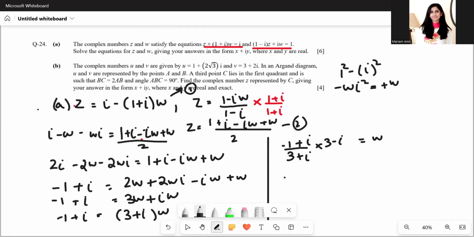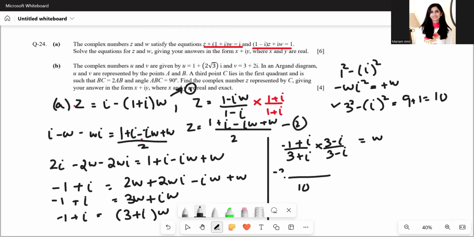Rationalize this. The denominator becomes a squared minus b squared. So 9 minus -1, so 9 plus 1 equals 10. You must show the working on the side. Otherwise, the examiner will assume that you've solved this all in complex mode in the calculator and you're going to get a heavy penalty for that.